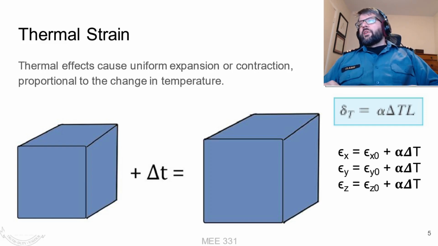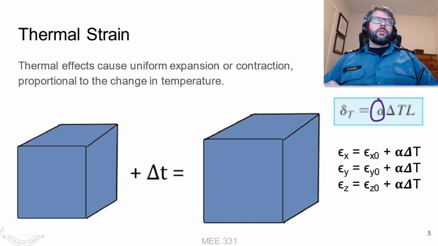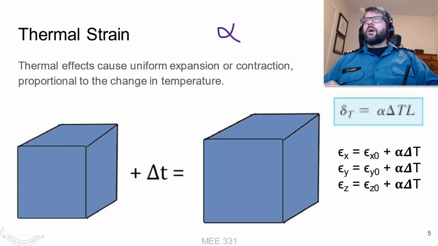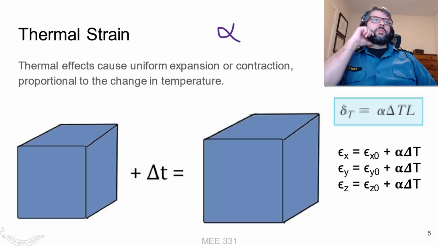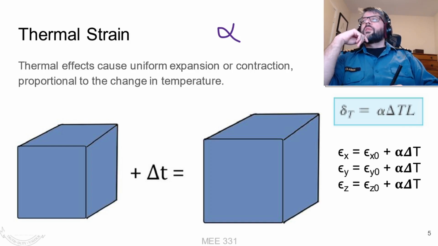We have this material property, the coefficient of thermal expansion, typically denoted by alpha. That tells us how much any individual bit is going to expand based upon how much the delta T is and the length.